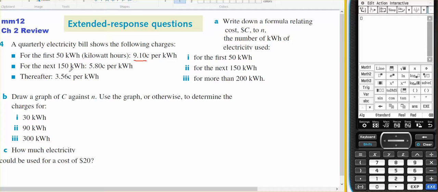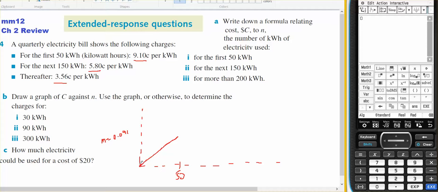And for the next 150 it's 5.8, and thereafter it's 3.56. So what I've actually got happening here, for the first 50 I'm going to have a gradient, and that gradient's going to be $0.091.